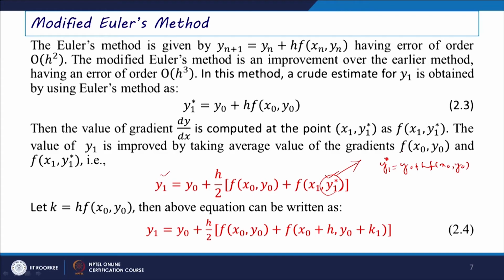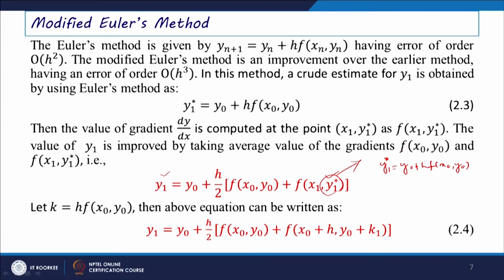In this method, y1 can be obtained by using the earlier Euler's method, and it can be improved by taking the average value of the gradients f of x0 y0 and f of x1 y1 star. Since y1 is unknown to us, we use the earlier Euler's method to get the value of y1 in an improved or modified form.